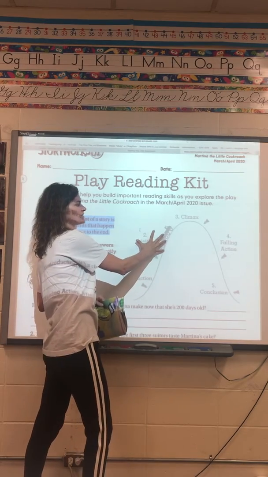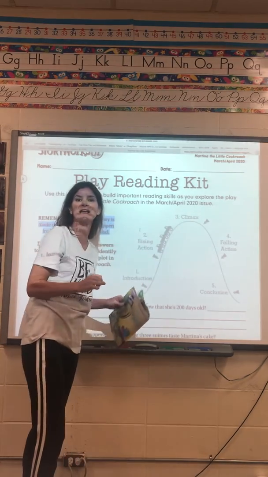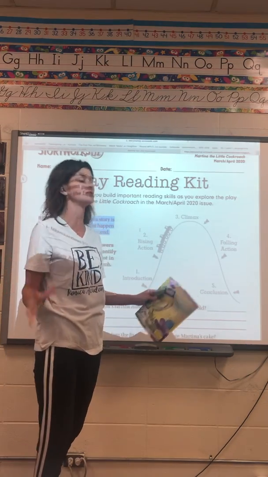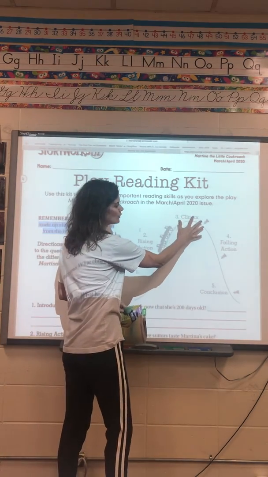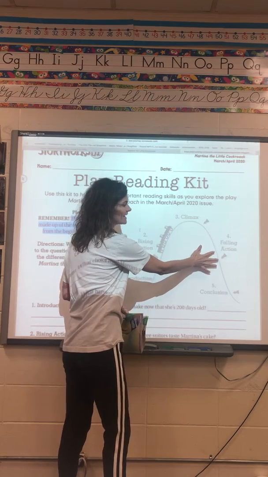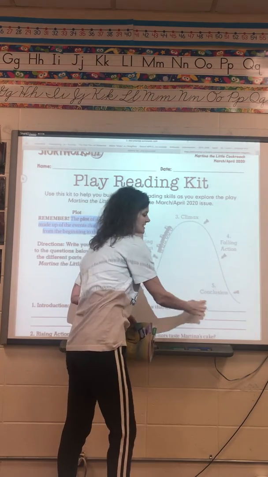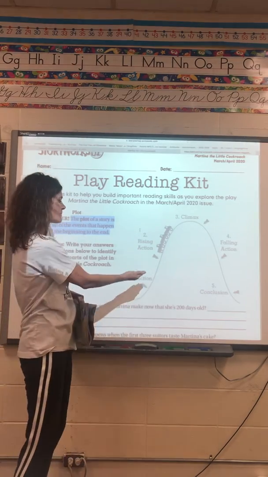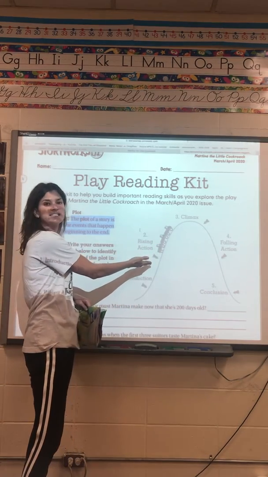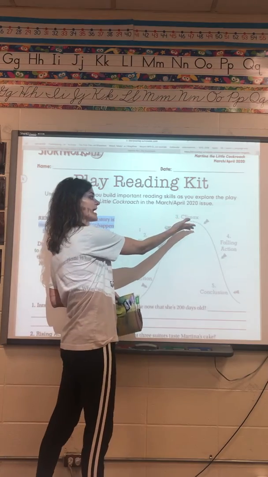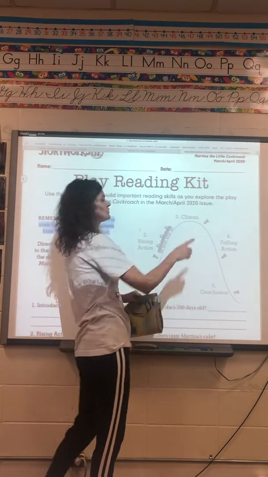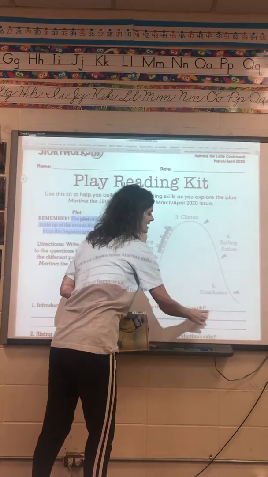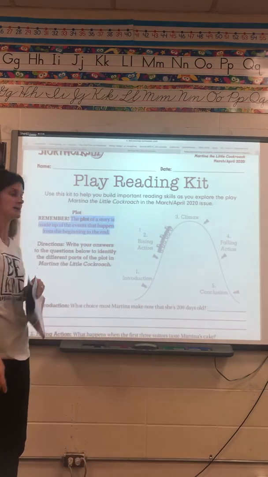Those are all the things that lead us up to the climax, which is the most exciting point of the story. At that point, we will have our falling action, and those are the events that lead us to the conclusion, which is the end. And so we will talk about the introduction, the rising action, the climax, which is the part that keeps you on the edge of your seat, the falling action, and the conclusion, okay?